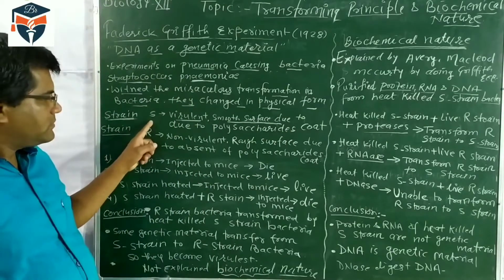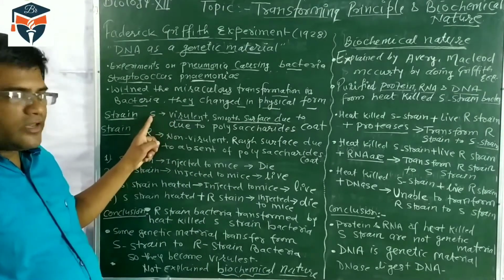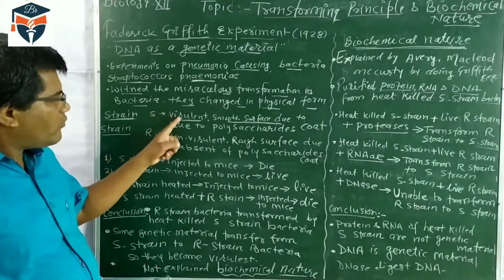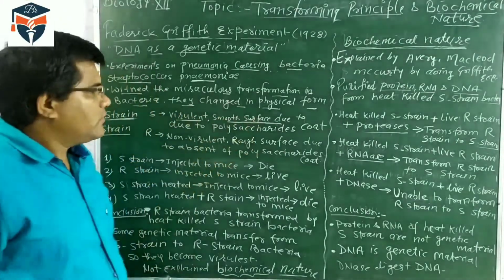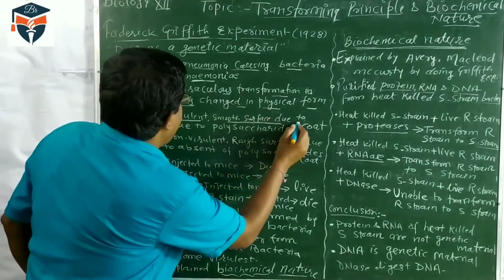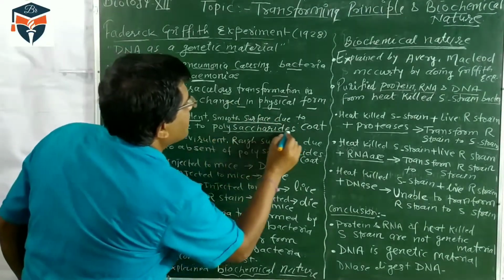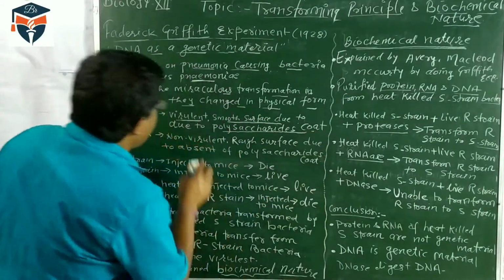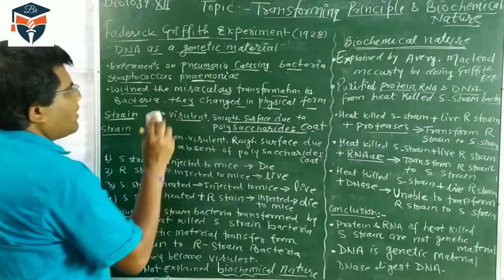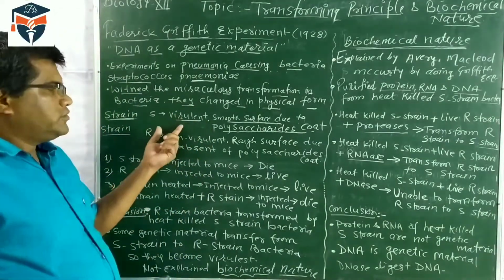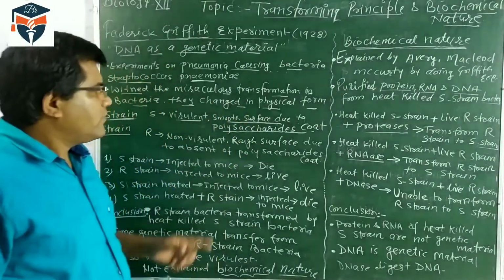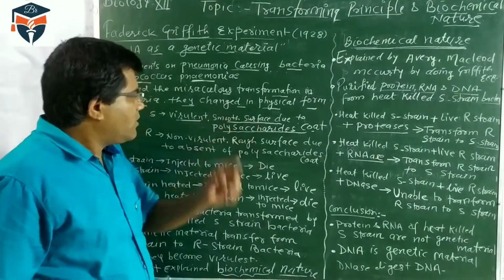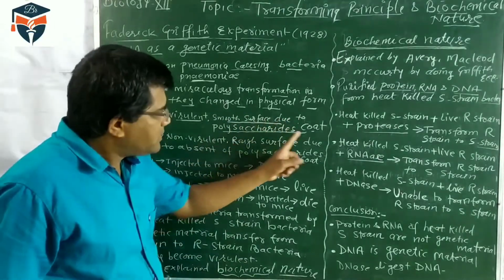Strain S is for smooth. Why the smooth surface? Due to the polysaccharide coat. This type of bacteria causes the disease pneumonia, and they have a smooth surface, and this smooth surface is called the polysaccharide coat.